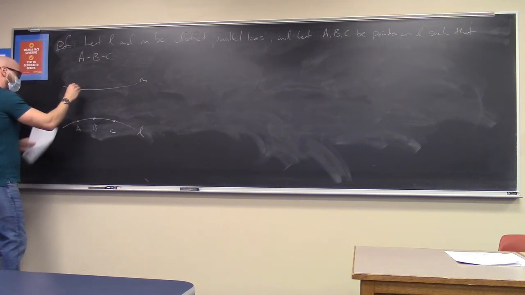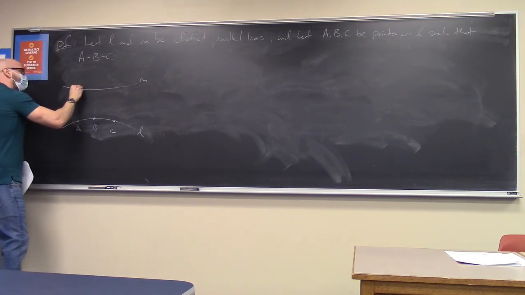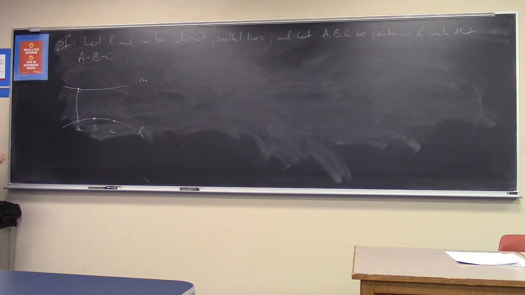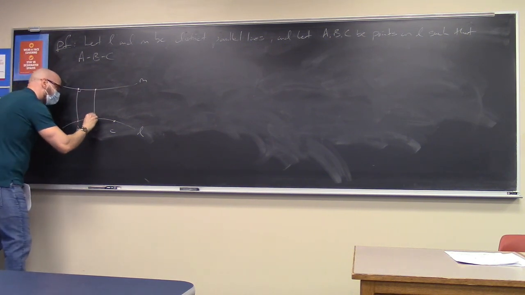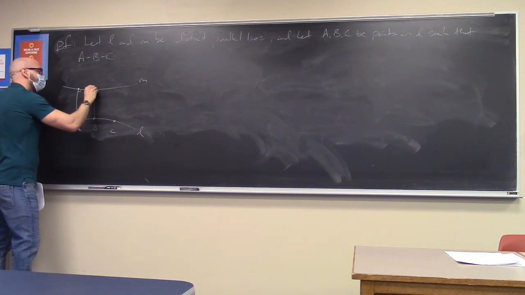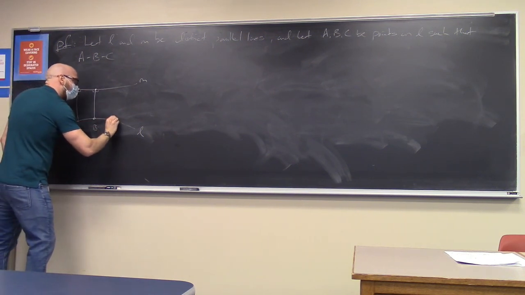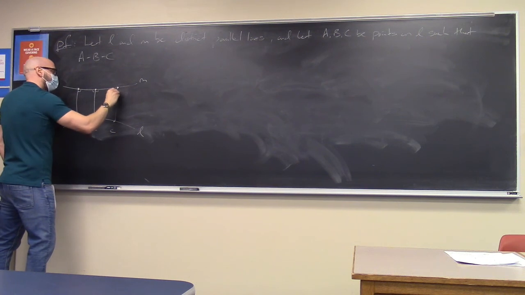I'm going to find a point on M so that when I erect a perpendicular, it passes through A. We've already proven we can do that. Same thing, find a point on M so that the perpendicular passes through B. And find a point on M so that the perpendicular passes through C.